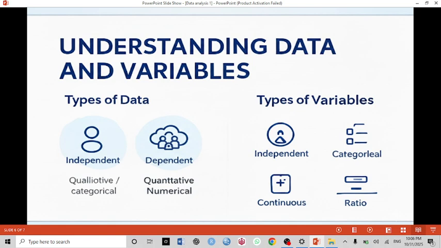For numerical data, we also have other examples like height and weight that come in numbers. But there is a very important thing to note here: not all data sets that come in numbers are numeric. A good example is your serial number. Even though it comes in numbers, 1, 2, 3, 4, 5, 6, 7, it is a category because no two persons can have the same serial number.